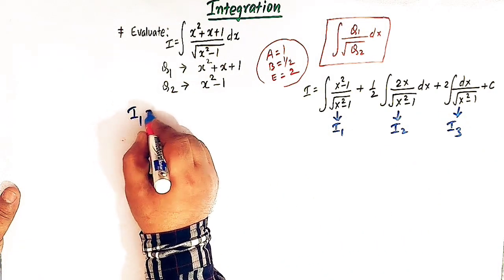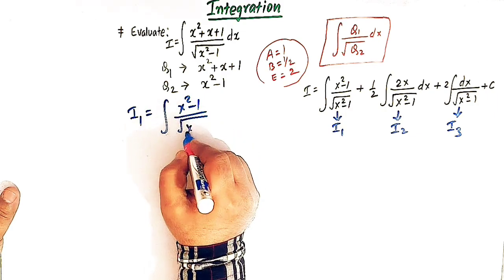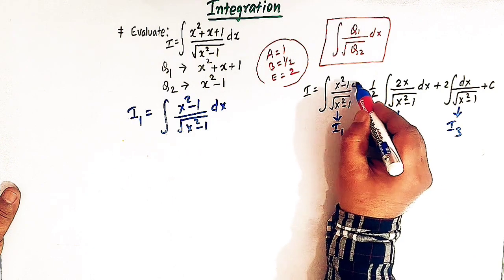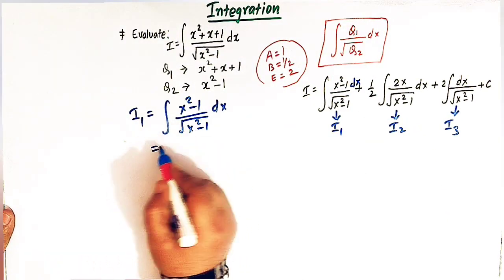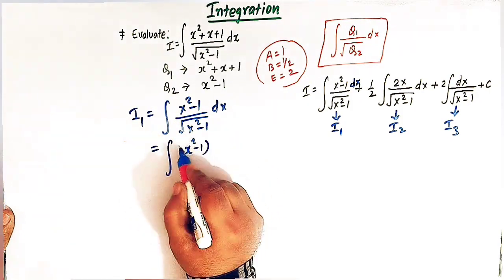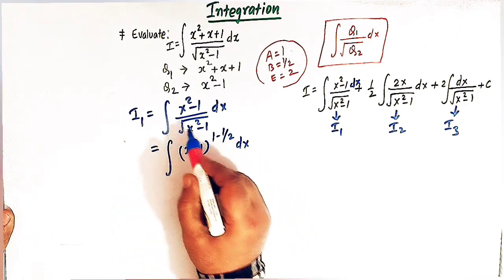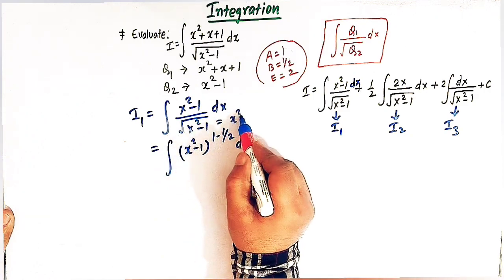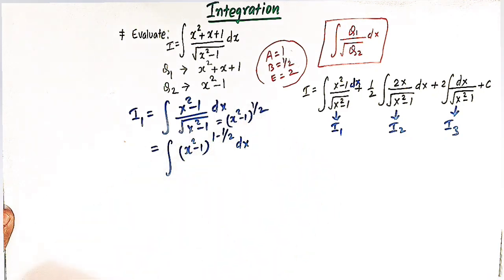So I1 is the integral of x square minus 1 over square root of x square minus 1 dx. So now we can write this integrand as x square minus 1 raised to 1 minus half, dx, because here square root of x square minus 1 can be written as x square minus 1 raised to half, right?